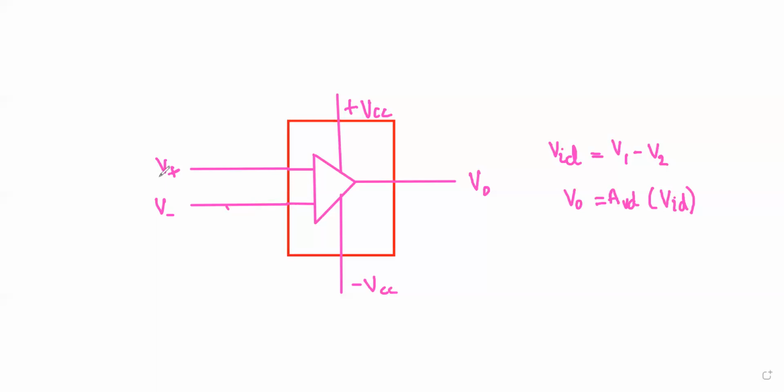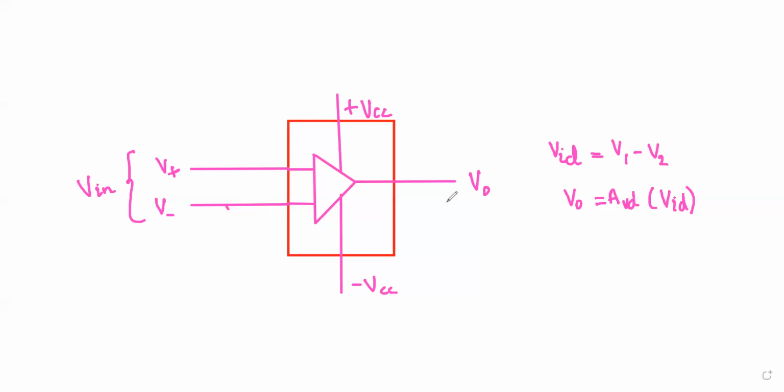We need to give two inputs, one called V plus and another called V minus. And the important thing is the VO, which represents the output voltage. Here we are going to give this input, and at the same time, we are going to get a V output.